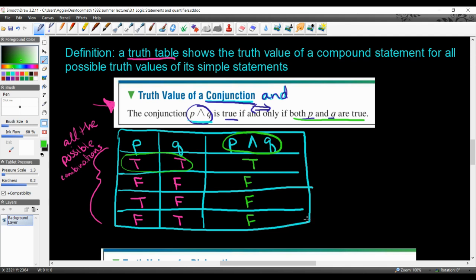When we start going into actual examples, maybe this will make more sense. For now, we're just constructing what's called a truth table. This is the truth table for P and Q. You can see that in all the combinations, we only have one scenario where P and Q are true.